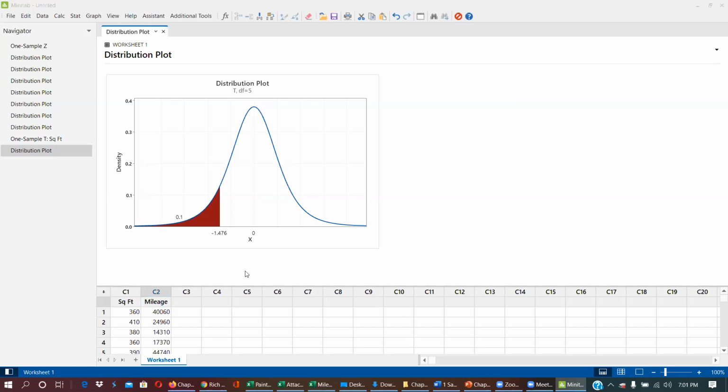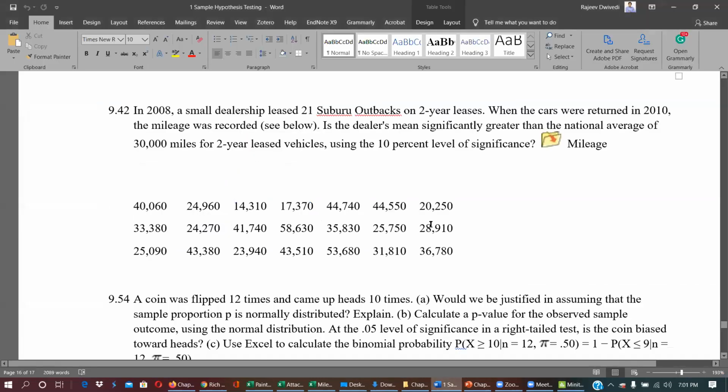Okay, thank you. So let me go on to the question again here. Which test are we going to use in this question? Is it z-test, t-test, what test are we going to use? If you can see my screen, you can suggest to me, I can follow you.